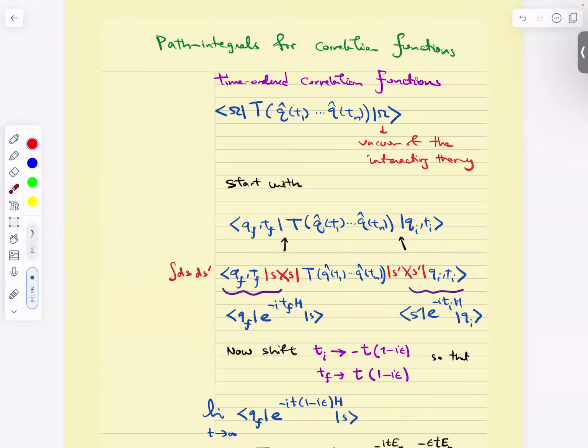But there are other things that you might ask about, other observables. What are the other observables? Time-ordered correlation functions in the interacting vacuum. This is more nuanced and more detailed, right?